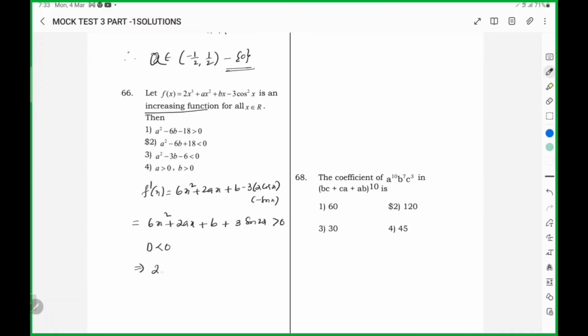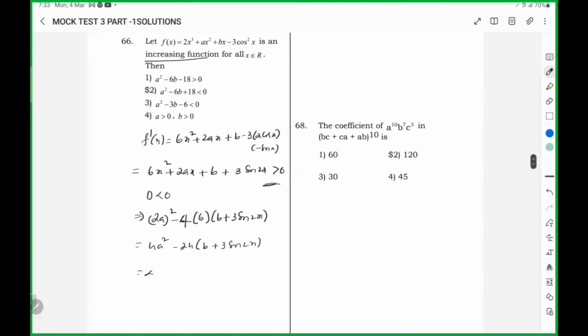Discriminant is b square minus 4ac, here 2a whole square minus 4ac. It must be negative. This is 4a square minus 24b plus 4 if you take common, 6b, 18 sin 2x.